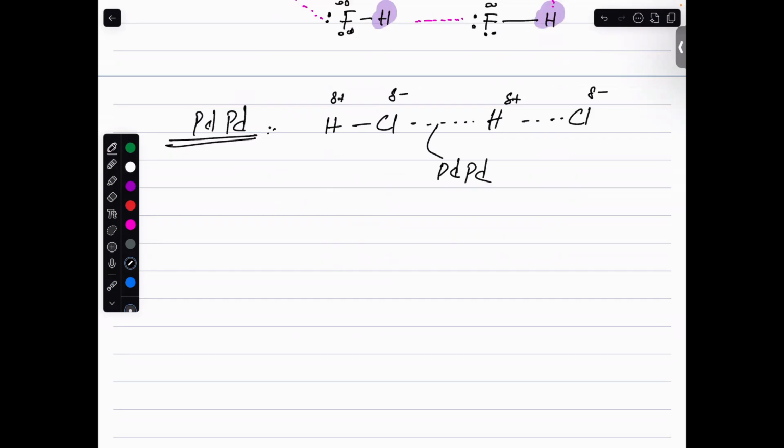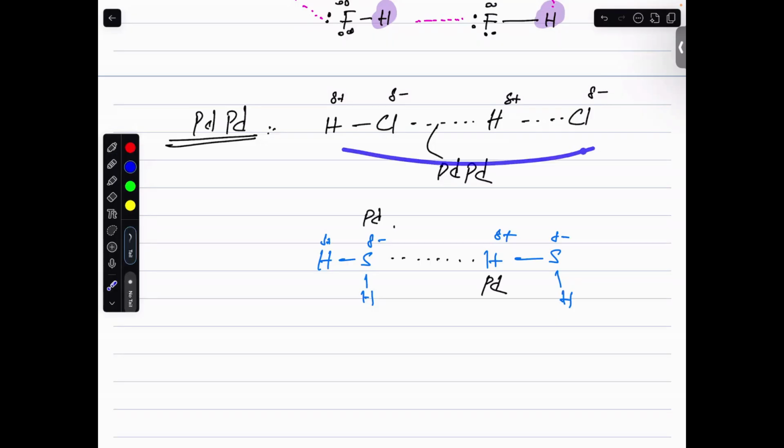Now suppose there is H2S, with negative and positive ends. This is not hydrogen bonding. Hydrogen bonding is only possible in molecules that contain OH, NH and HF. H2S is not like that. They are polar, so there are permanent dipoles, and they are attracting.